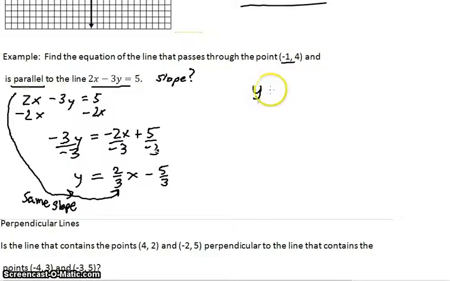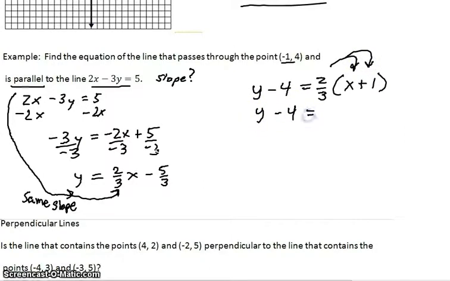So in this equation, y minus y1, or 4, equals the slope, which is 2/3, times x minus a negative 1, or x plus 1. I'm going to distribute both of these. I'm going to get y minus 4 equals 2/3 x plus 2/3.